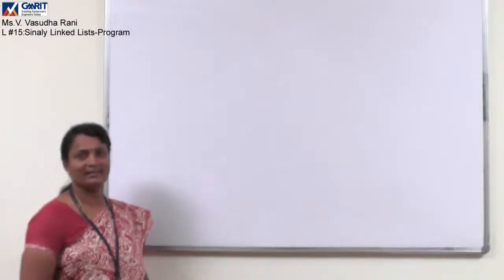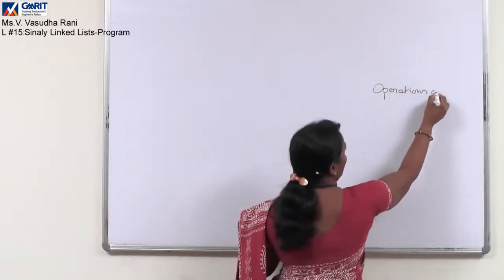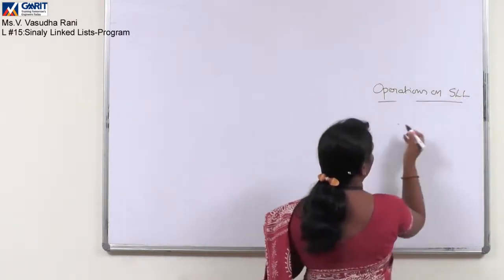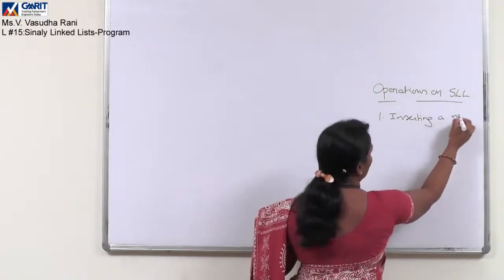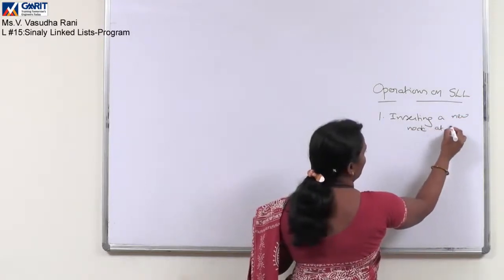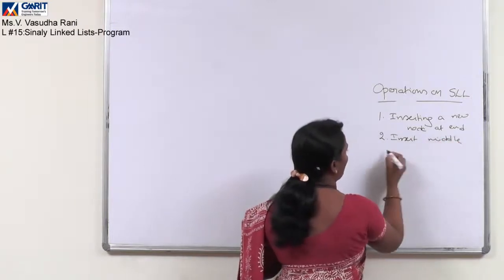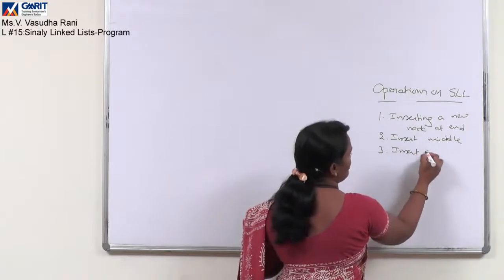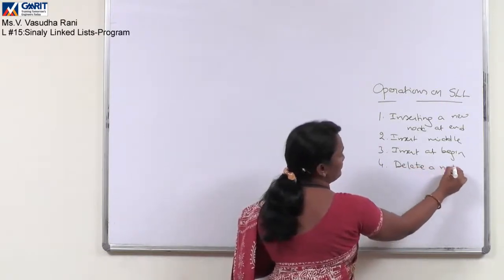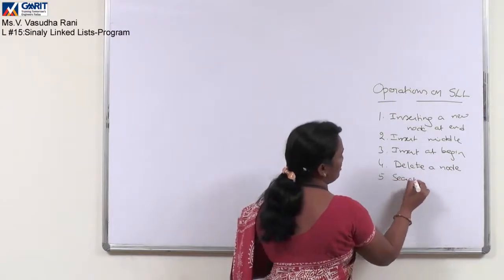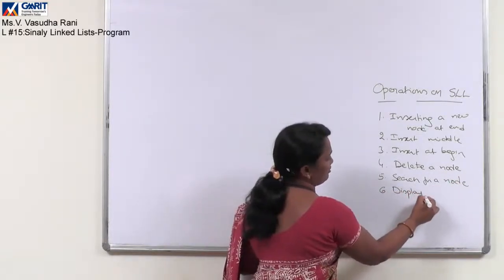Now let's see the operations on singly linked list. If you list out the operations: inserting a new node at end, insert middle, insert at begin, delete a node, search for a node, display the data.